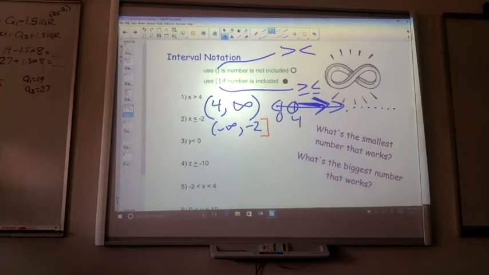I want values less than 0. Values less than 0 are all my negative numbers going all the way to negative infinity. Where am I ending it? Where am I getting up to? 0. Am I including 0?